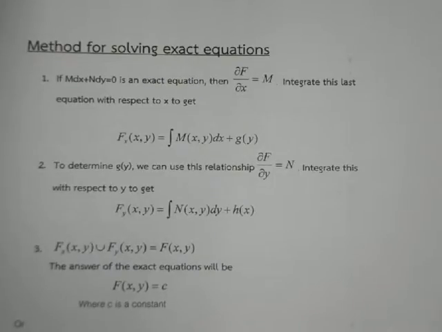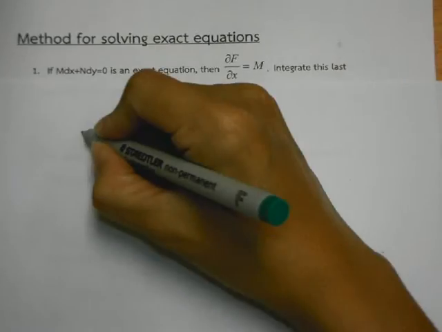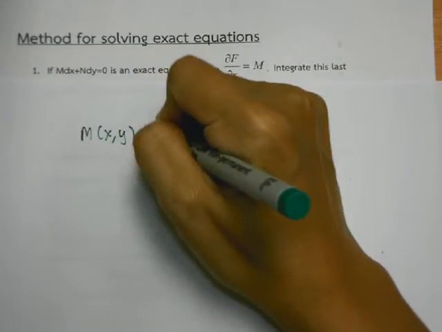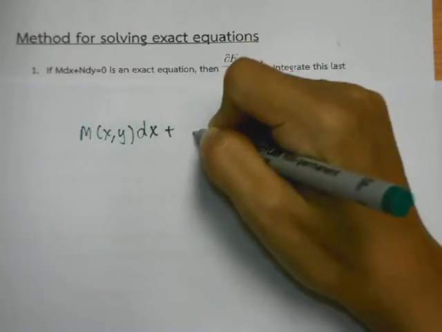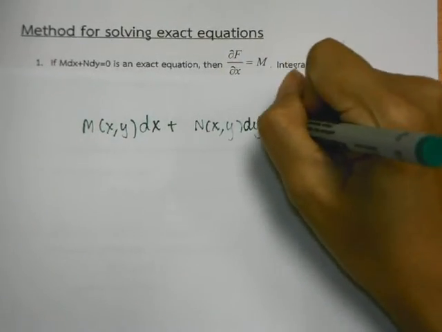The way you do it is you present your differential equation in this form: M(x,y) dx plus N(x,y) dy equal to 0, right?